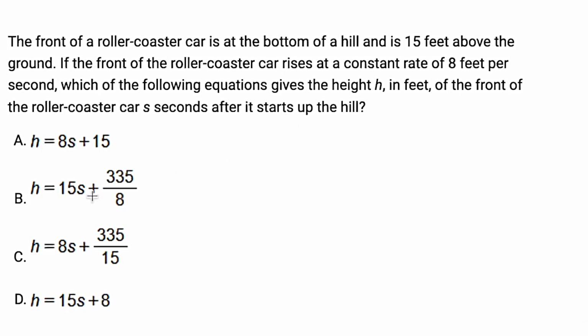And based on the way these answers look, we're definitely dealing with y equals mx plus b, which is a linear equation or a linear function. You can see we have h is y, s is acting as x, and then the whole number is going to be our b. An easy way to approach these is to think about what does slope represent and what does y-intercept represent.